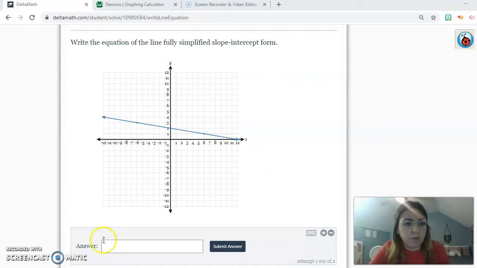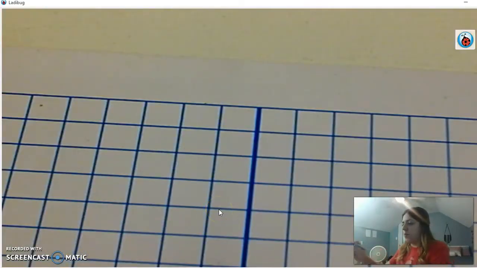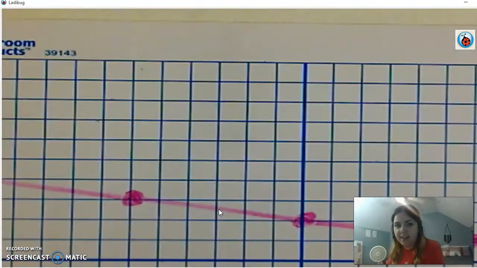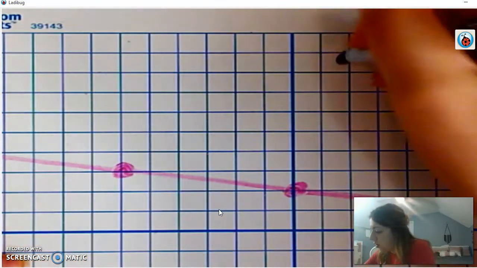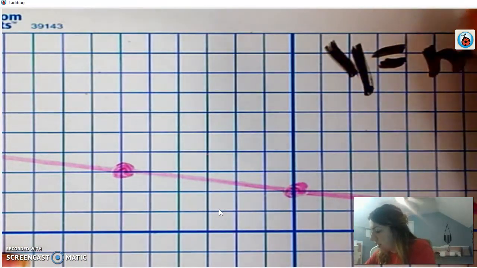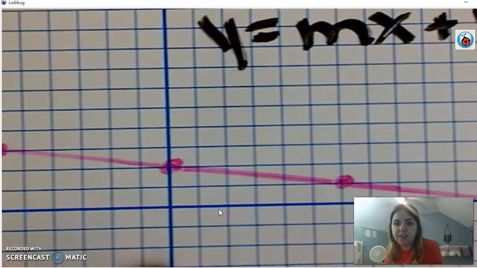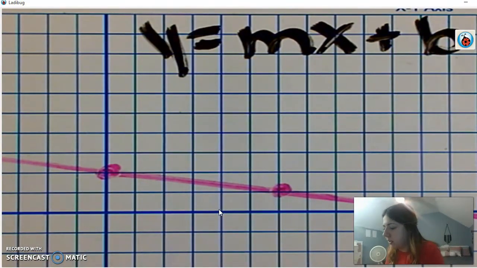So remember that the most important thing on this day is y equals mx plus b, okay? That is just the most important thing, is that equation.